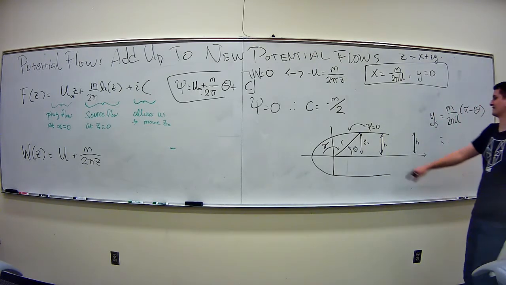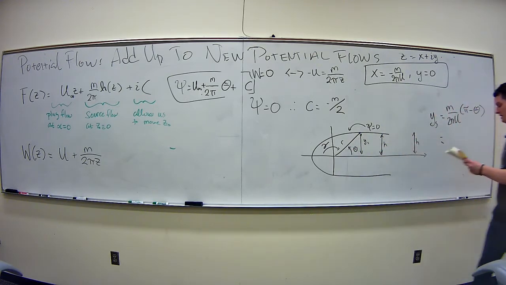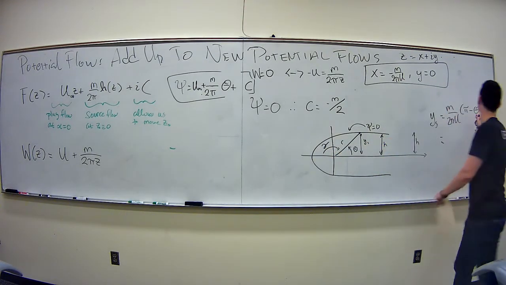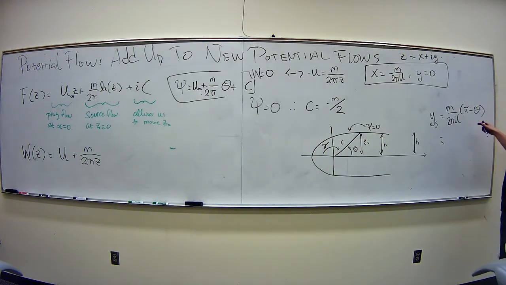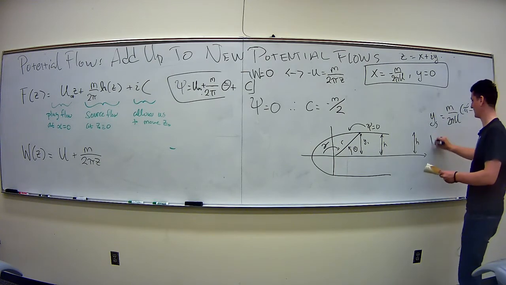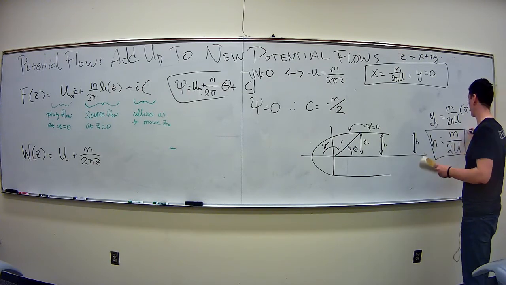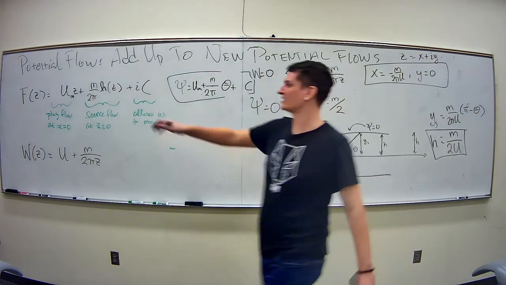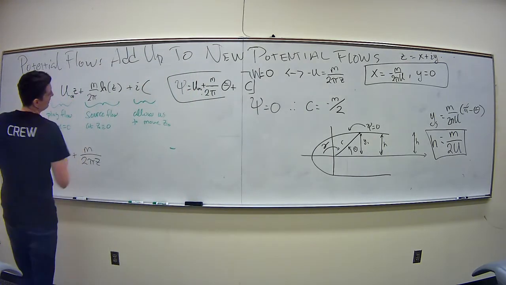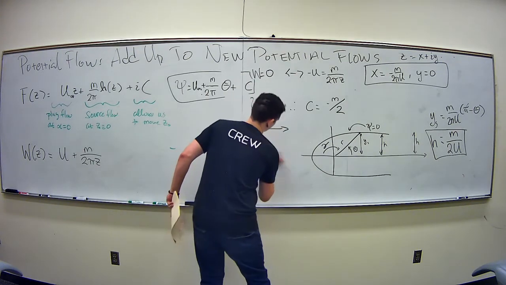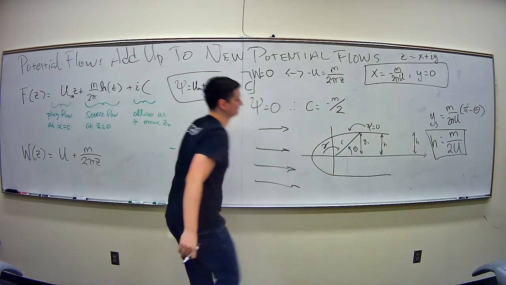As this goes further and further away, what do you notice? Gamma turns into pi, this goes to 0, and then you get that h is equal to that. So I have a model based on this potential flow of a blunt body moving in plug flow.